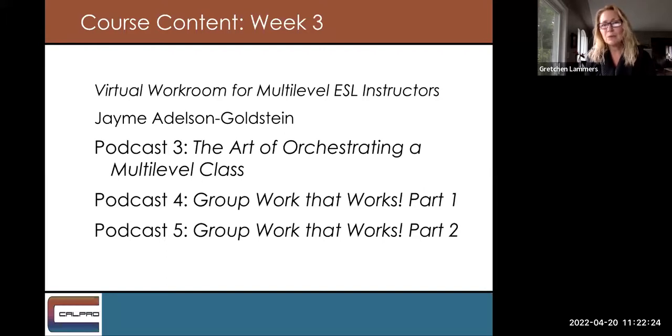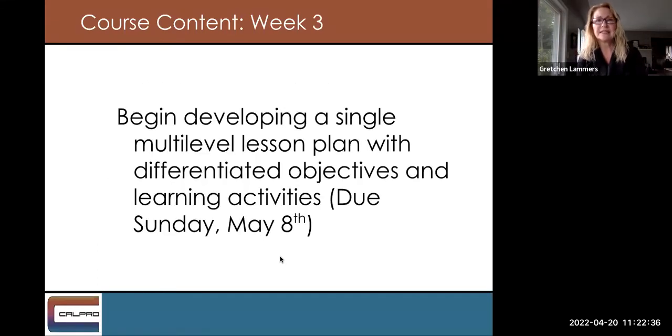And then for the group work, some group work is more useful than others. So learning about group work that really works is very good information. And finally, in week 3, you will begin developing a single multi-level lesson plan with differentiated objectives and learning activities. Very exciting stuff. And that is due Sunday, May 8th. Hopefully not too late on Sunday, May 8th, to give us all time to look at them.